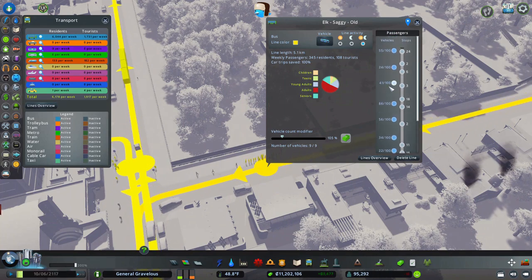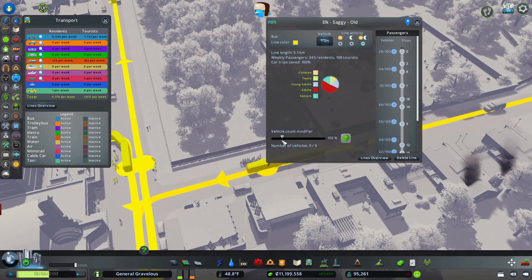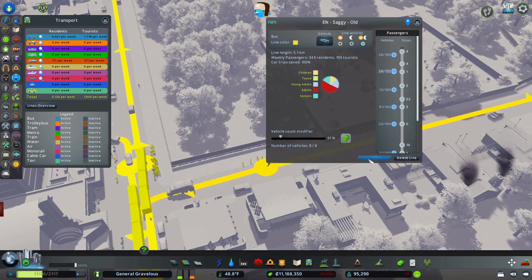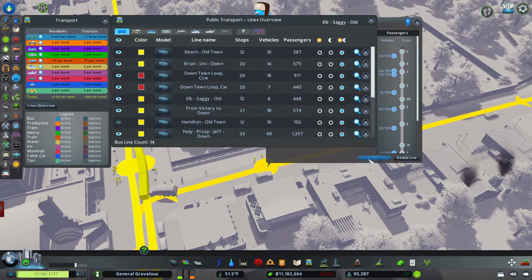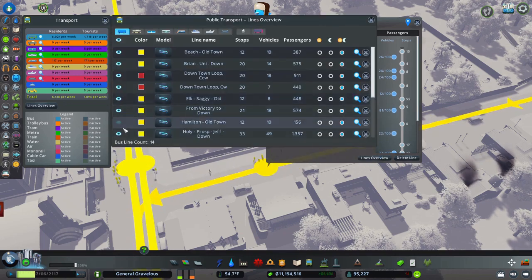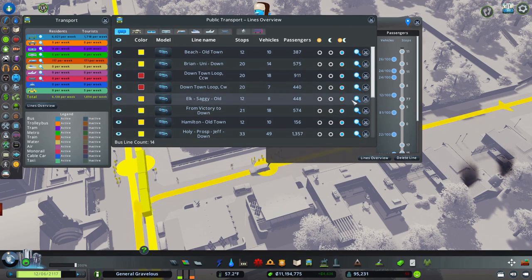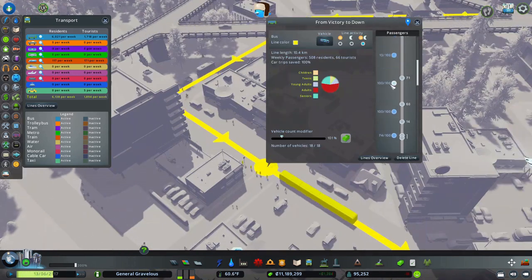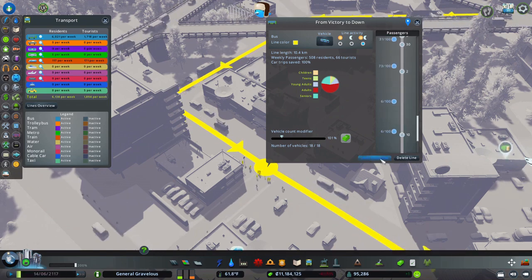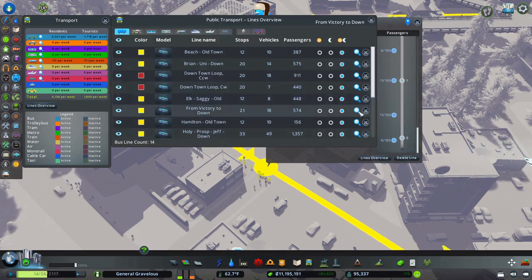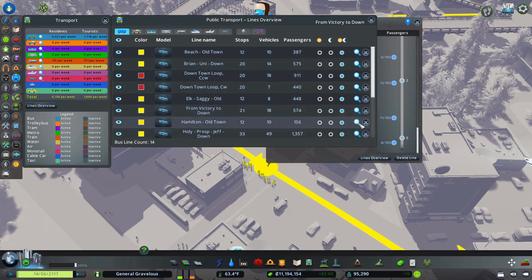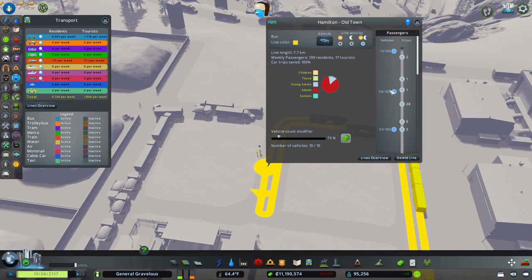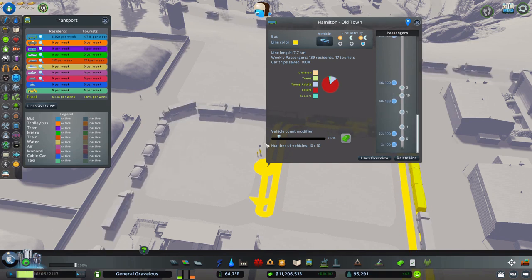I wanted to keep the amount of vehicles minimal, so their contribution to traffic would be minimal as well. I think that's fine. That is fine. Probably one too many.